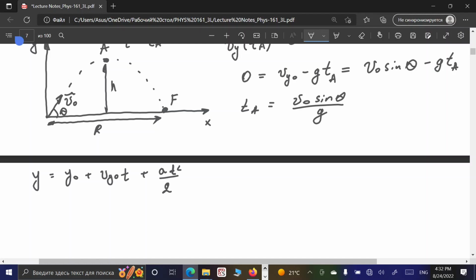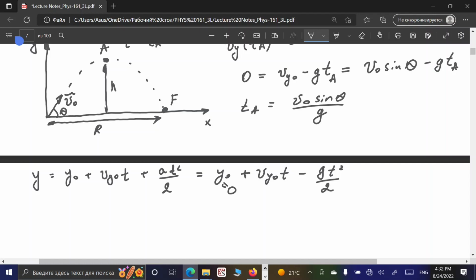Instead of a, we can substitute minus g. So that will be y naught plus v y naught times t minus g times t squared divided by 2. We also know that y naught is equal to 0 because it starts from the origin of the system of coordinates.